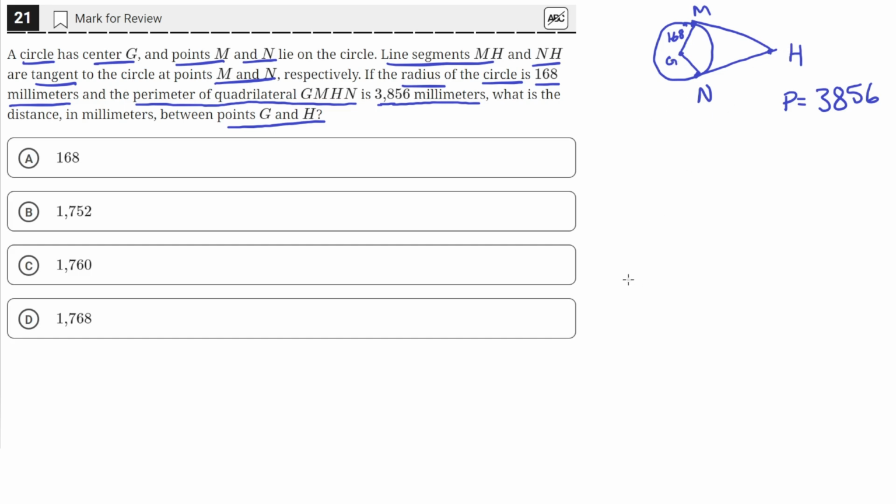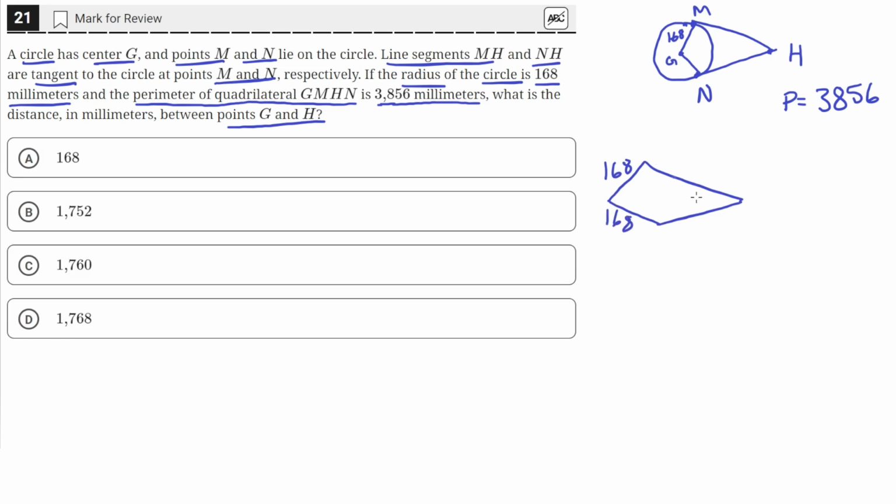Okay, so the first thing we can do is find the length of these two sides, which is just the radius. So let's redraw this quadrilateral actually. It looks something like this. So both these sides are 168.